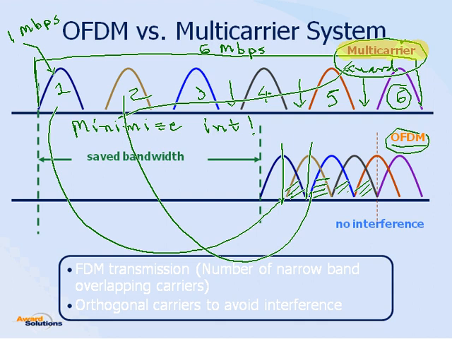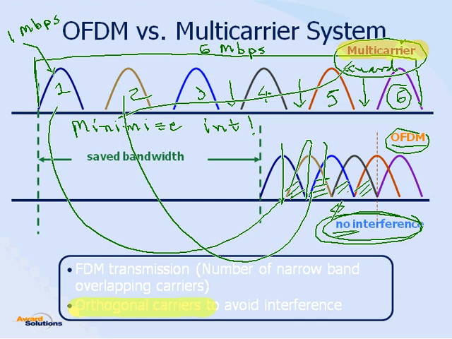In fact, in OFDM, there is zero interference, absolutely no interference between any 2 carriers, even when there is significant overlap. Now, what is the magic that we are doing? Why do we have zero interference even in the presence of significant overlap? No guard. Remember, in OFDM, there is absolutely no guard band between 2 adjacent carriers. And the magic is this orthogonality.